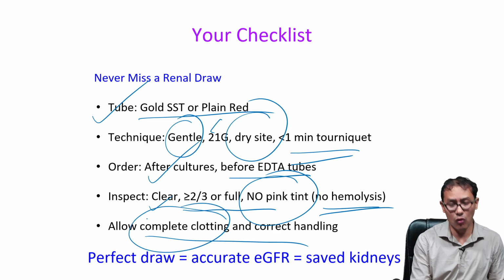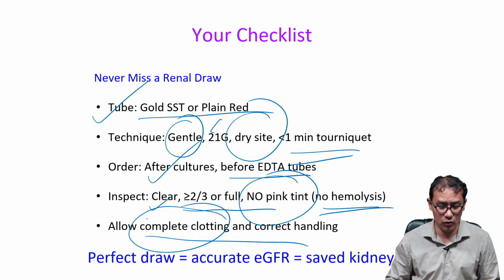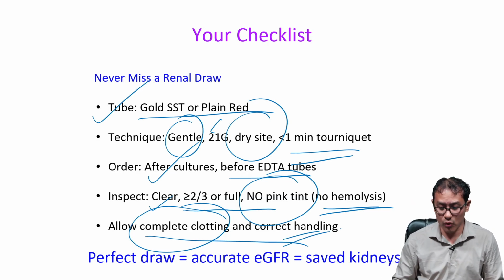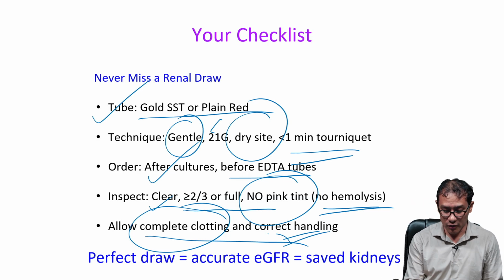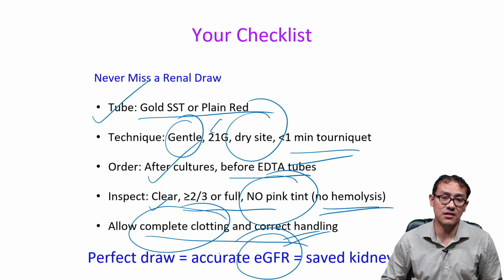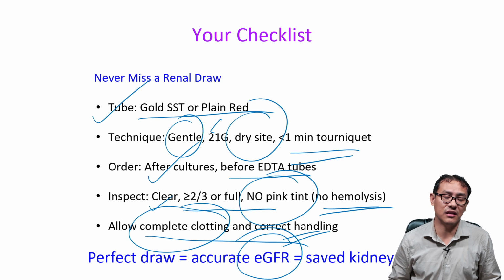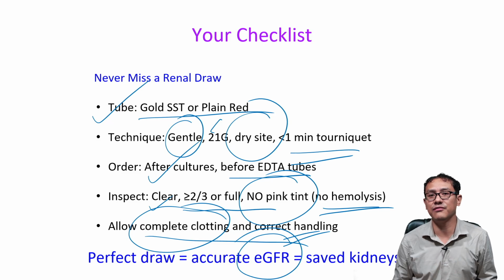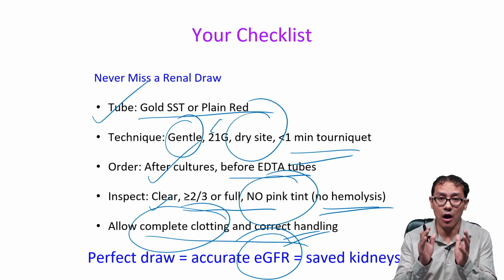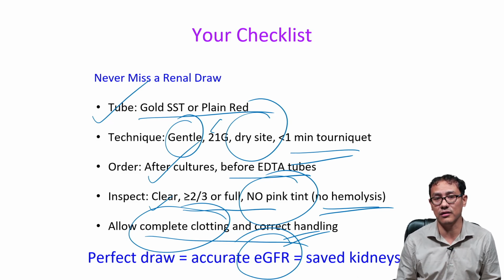So you have to allow sufficient time for complete clotting to occur, and appropriate handling is very important, because appropriate eGFR estimation requires exact estimation of the serum creatinine and all other parameters, and interpretation of renal function depends upon that. So it depends upon how you handle the sample and how you do the technique.